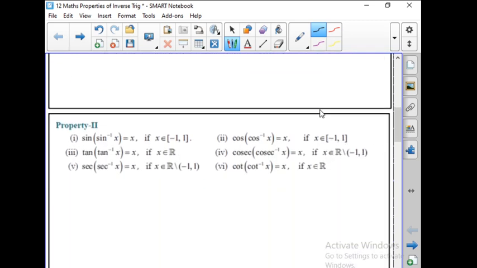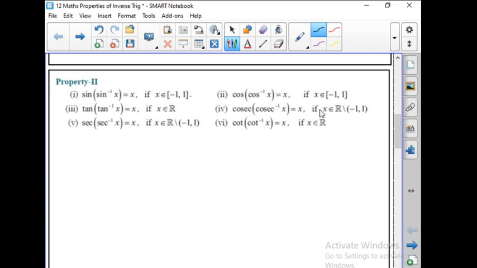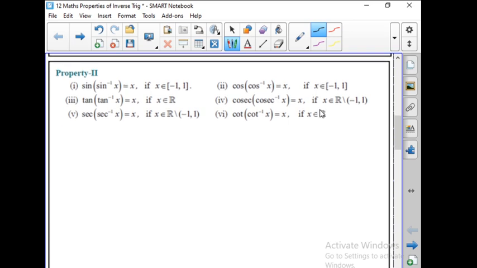Now coming to property 2. Here also we have 6. Sine of sine inverse of x is equal to x, and cos of cos inverse of x is equal to x. Tan of tan inverse of x is equal to x. Cosecant of cosecant inverse of x is equal to x. Secant of secant inverse of x is equal to x.